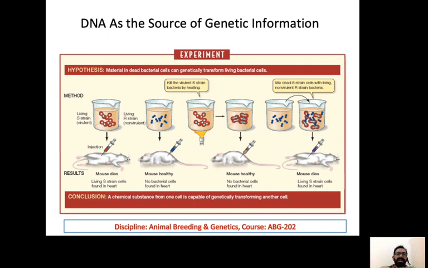And when they injected the non-virulent strain, the mouse survived. Now what did they do in the next experiment? They boiled the virulent strain, so it was killed, and when it was injected to the mouse, it remained healthy, did not die.